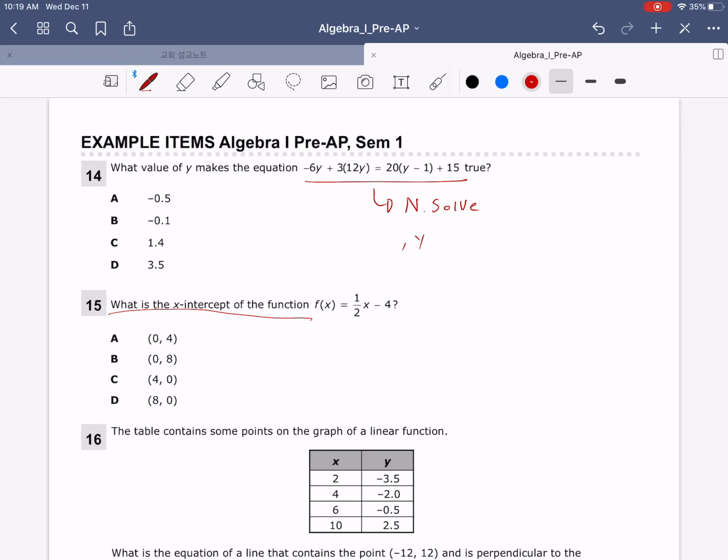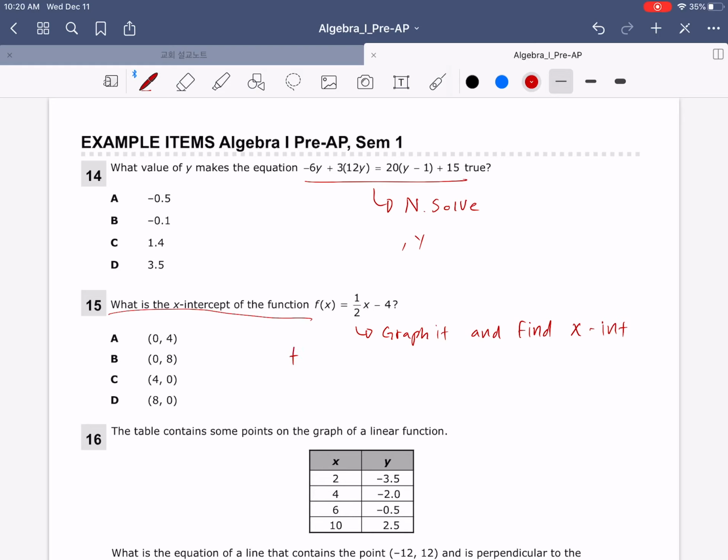What is the x-intercept of the function here? There's two ways. You can either graph it and find the x-intercept, okay? Another way is, you remember, for the x-intercept, y is always equal to 0.